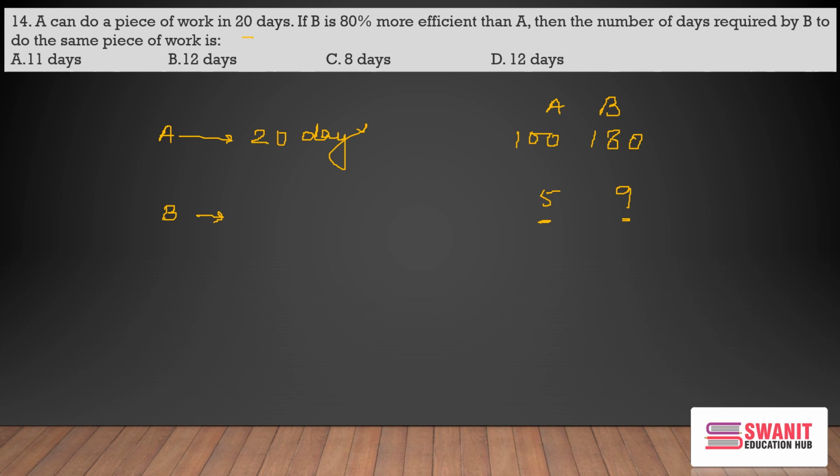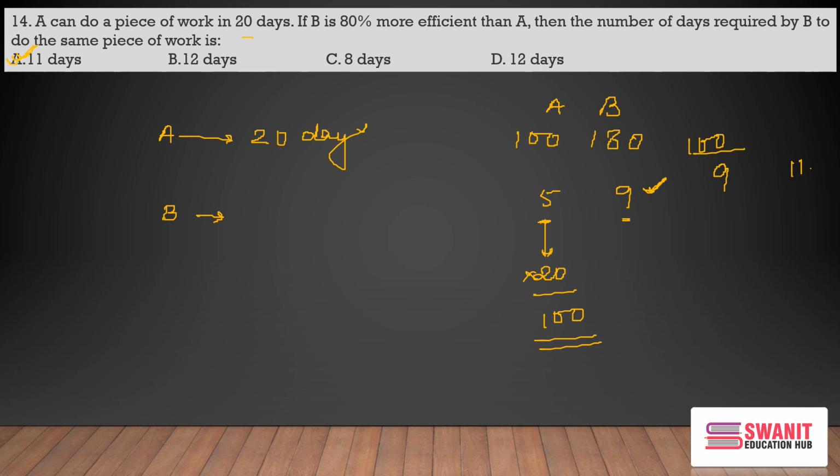So in 20 days, A will be finishing 5 multiplied by 20, that is 100 units of work. And this 100 units of work, each day 9 units done by B, will be done in how many days? 100 divided by 9 gives me 11 point something. So therefore the answer becomes option number A, that is 11 days.